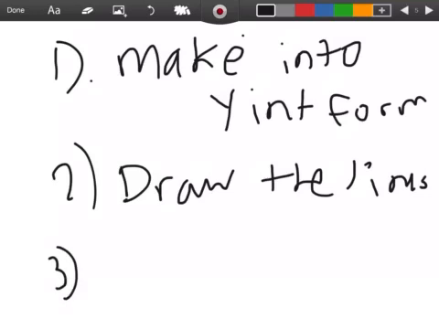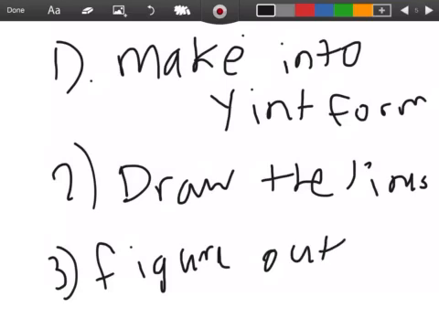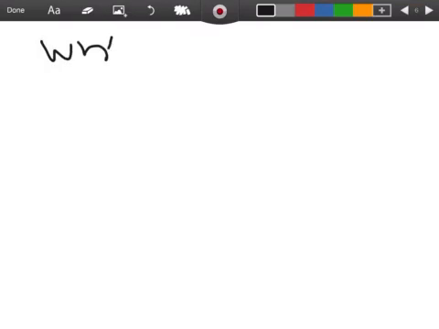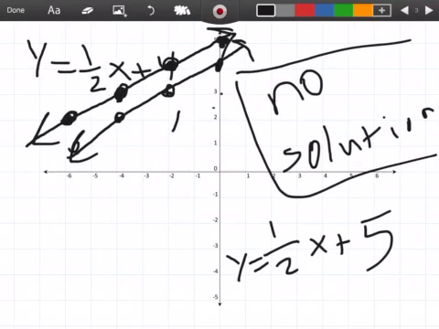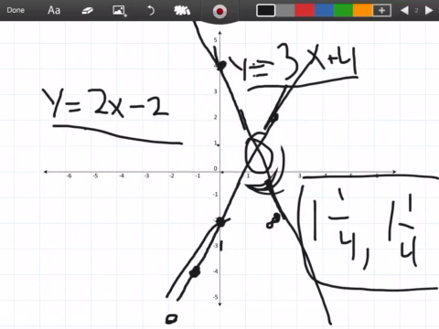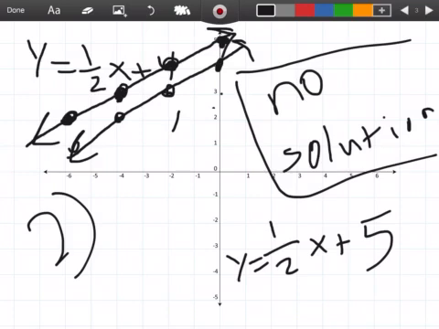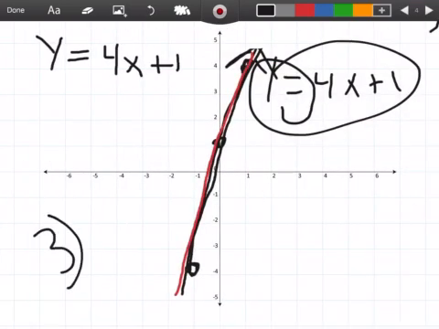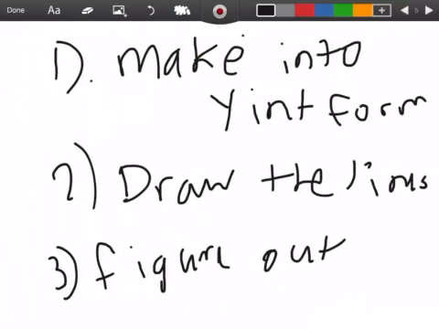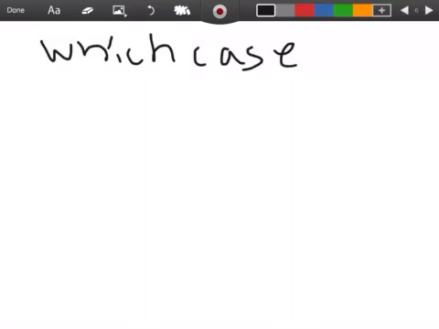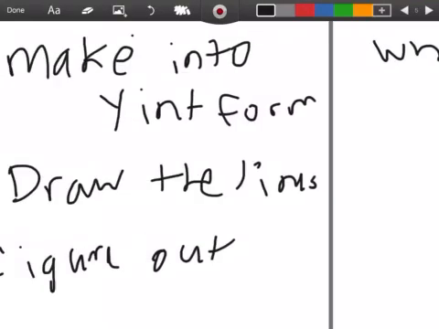Step 3 is to figure out which case, because remember we had 3 cases. This is case 1, this is case 2, and this is case 3. So there's the one solution, no solution, and infinite solutions. That's basically the 3 steps.